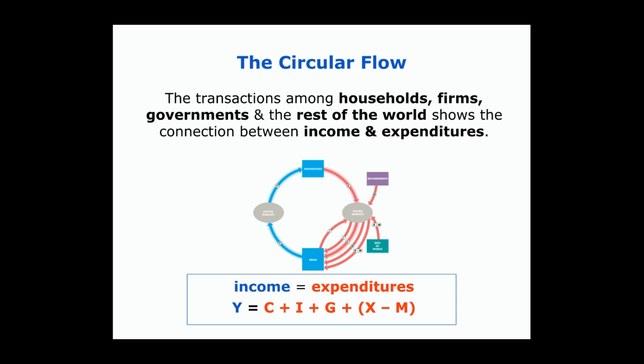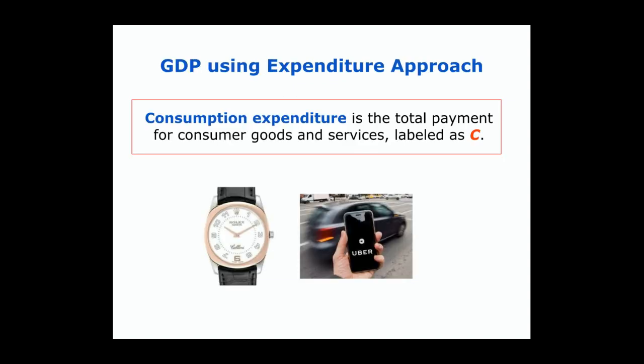We can see incomes going in one direction, and expenditures going in another direction. And the incomes and the expenditures are equal. This is why we can calculate the GDP using either the expenditures methodology or the income methodology, because of this circular flow. So let's focus on the GDP using the expenditures approach.